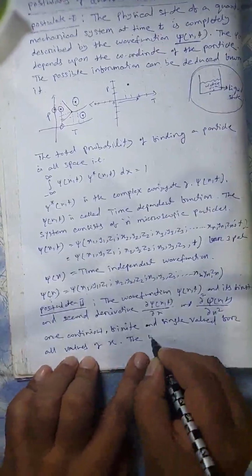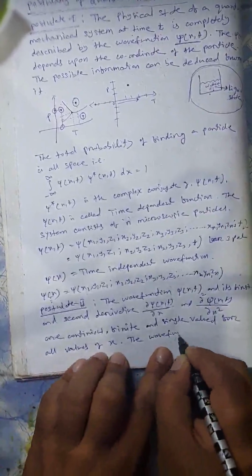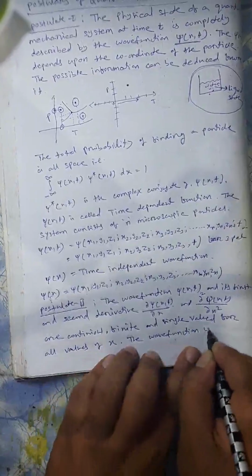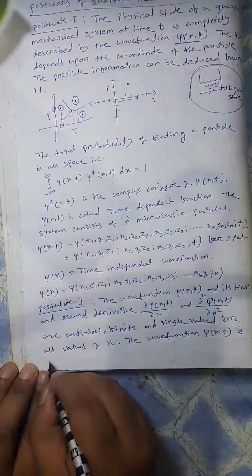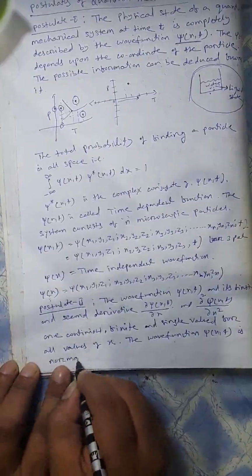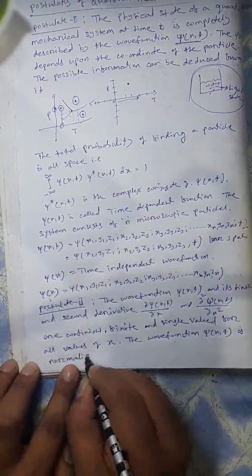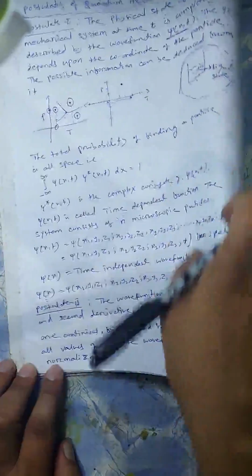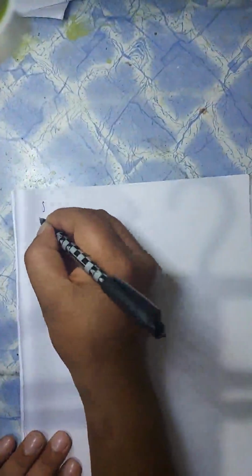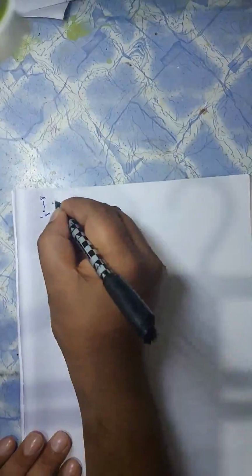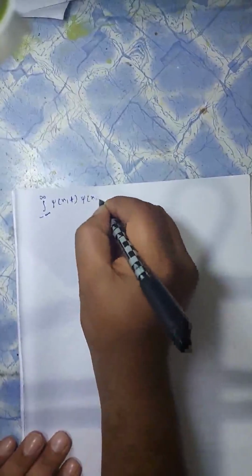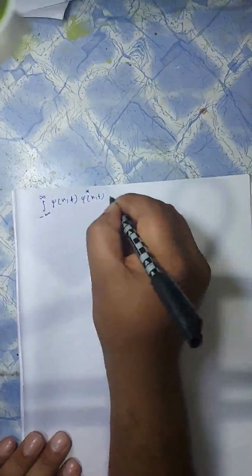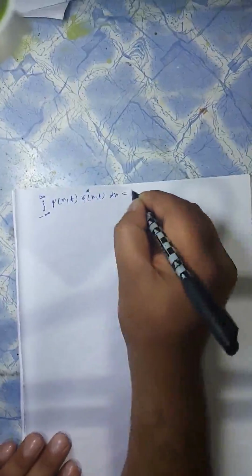Normalized means the integral from minus infinity to plus infinity of psi(x,t) psi asterisk(x,t) dx is equal to 1.